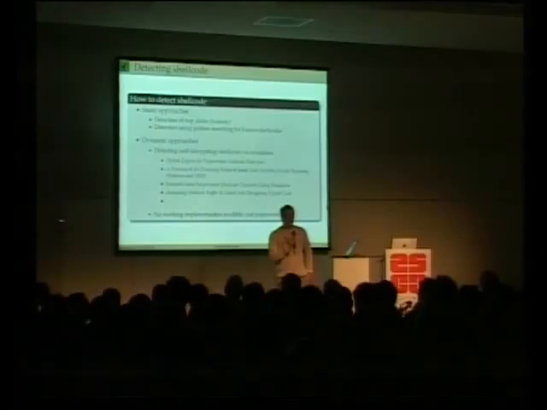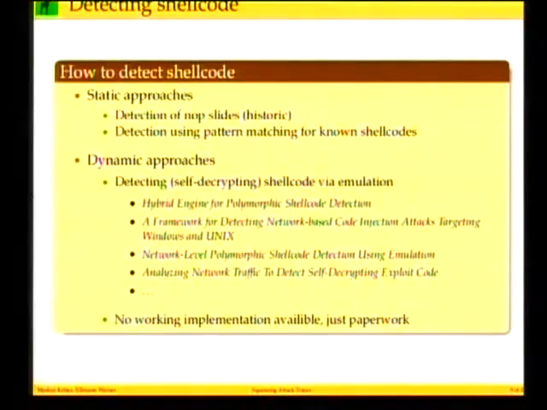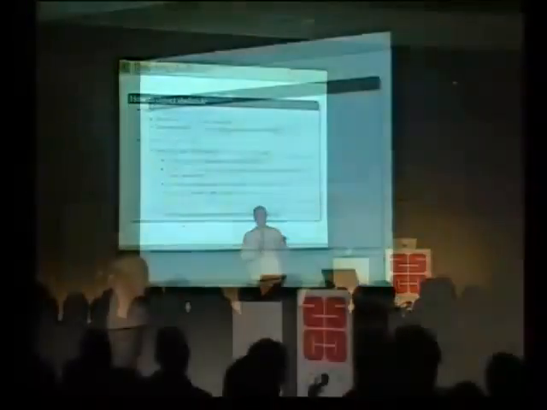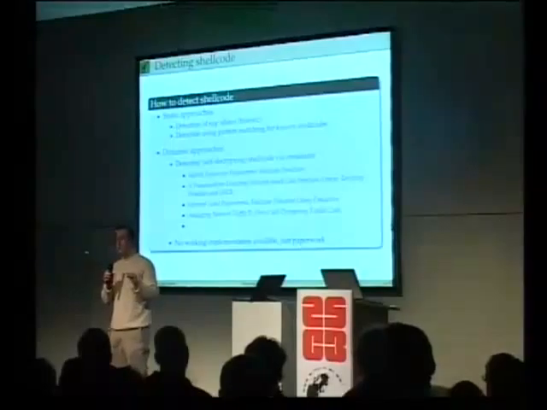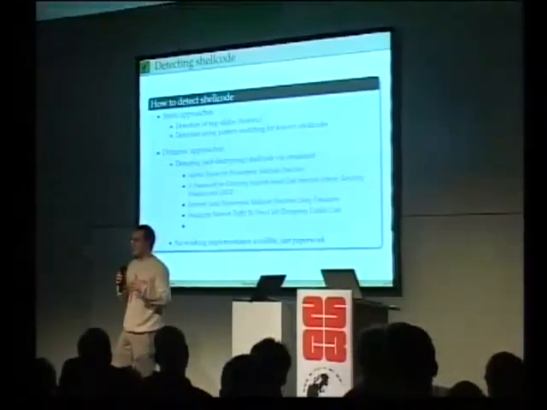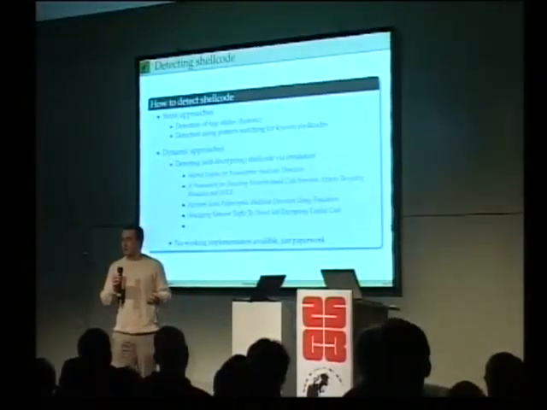How to detect shellcodes? There were static approaches, like detection of NOP slides. It's pretty historic, nobody does it anymore. There are too many possibilities to create valid NOP slides. Detection using pattern matching for the decrypting part of a shellcode works, but the more patterns you have, the slower it gets.